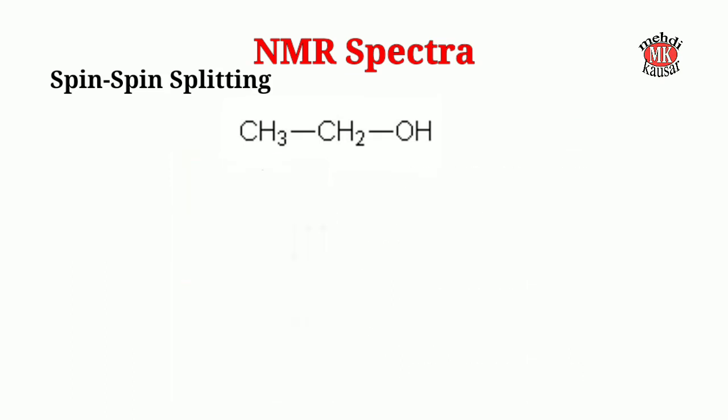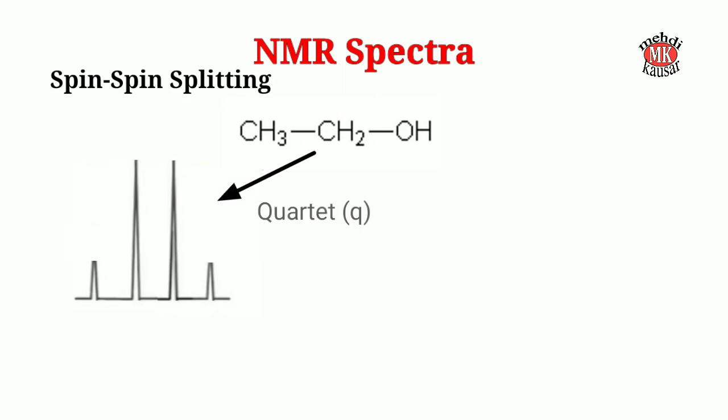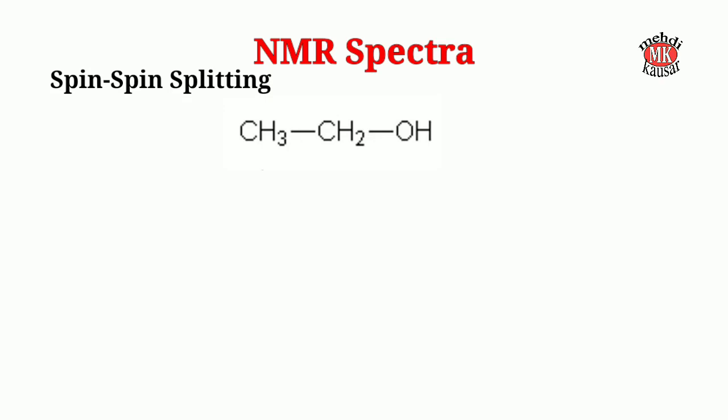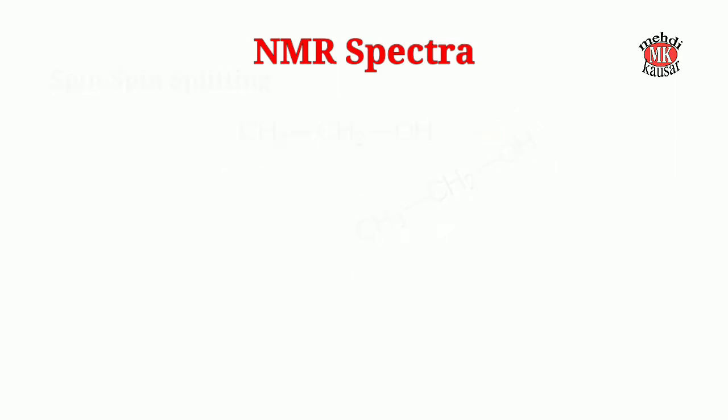The resonance absorption peak of the CH2 proton therefore splits into 4 lines having intensity ratio 1:3:3:1. On the other hand, the alcoholic proton is not affected by the neighboring protons because it exchanges its position so rapidly with protons of other molecules that it does not produce any splitting effect.